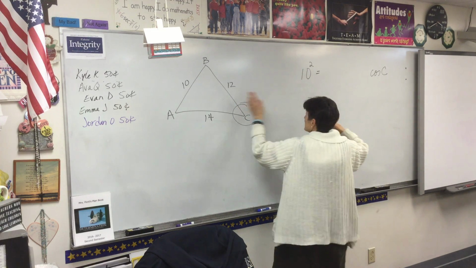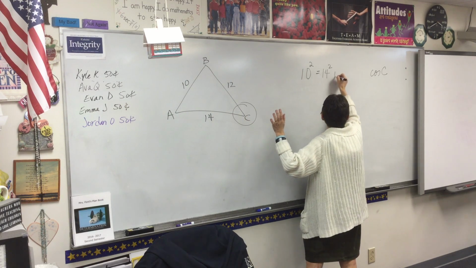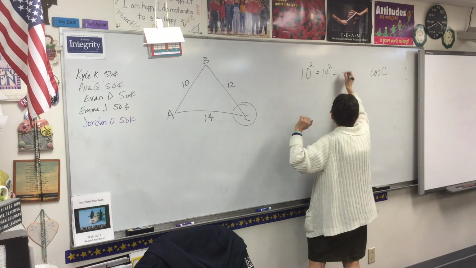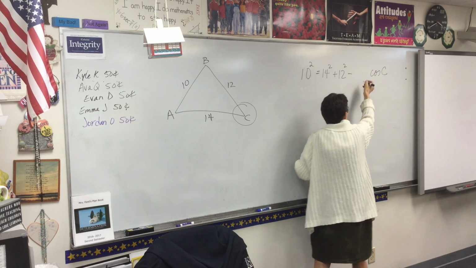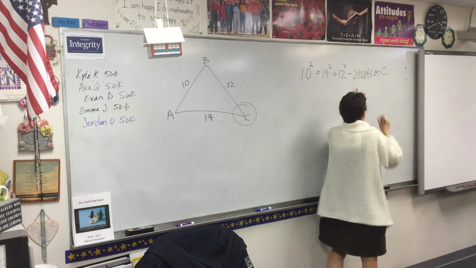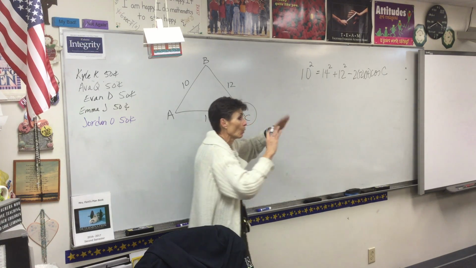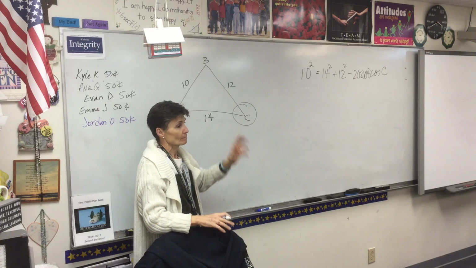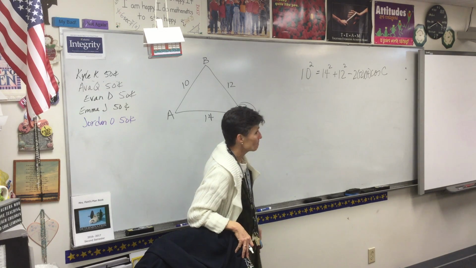It'll be these two sides, right? And the order doesn't matter. So 14 squared plus 12 squared minus, always minus, 2 times 12 and 14. And again, for the 12 and 14, the order doesn't matter. Okay, does everybody have that written down?